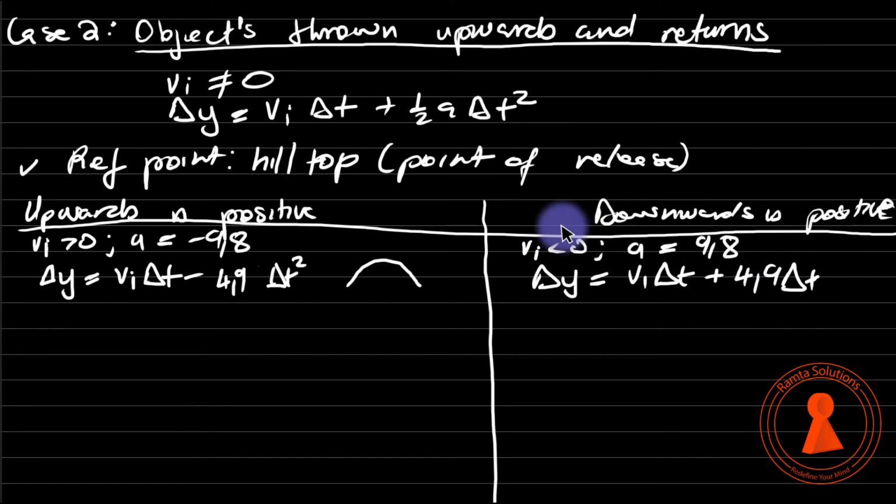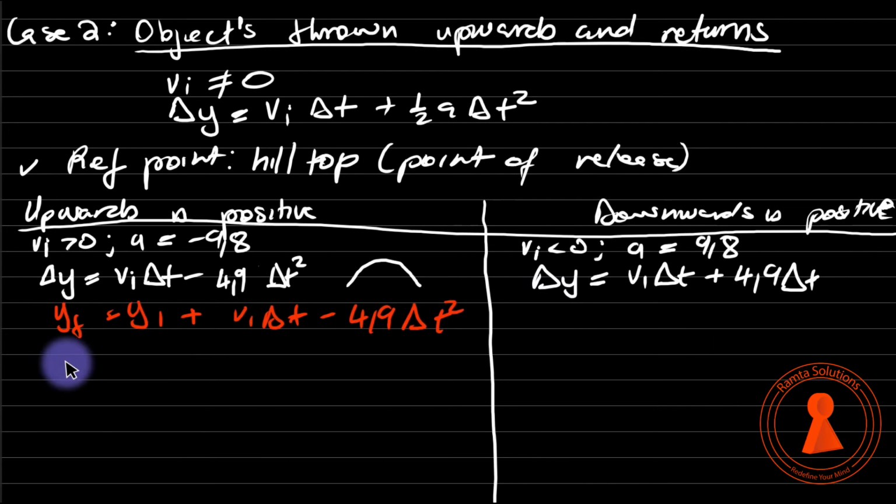Somebody asks why I am not using yf equals yi plus vi delta t minus 4,9 whatever. I can still use it. However, with this one, because the reference is the hilltop, I will say 0 plus vi delta t minus 4,9 delta t squared.